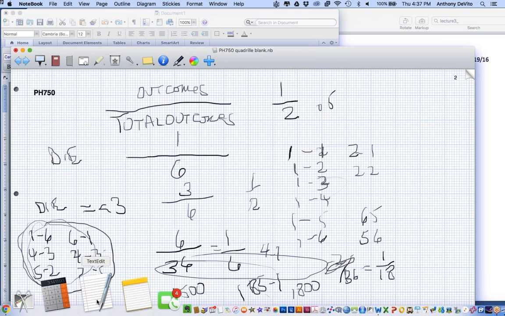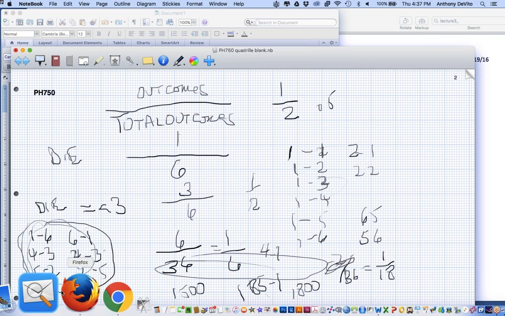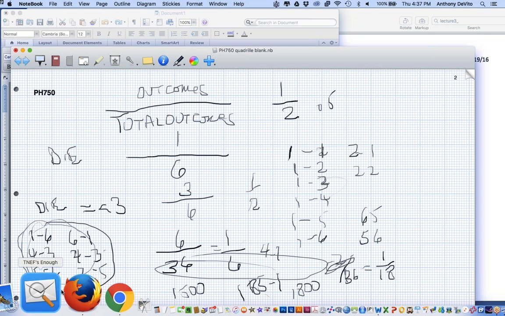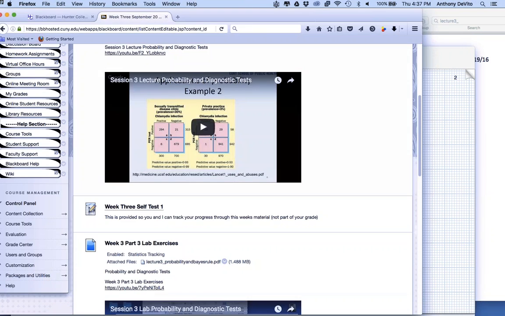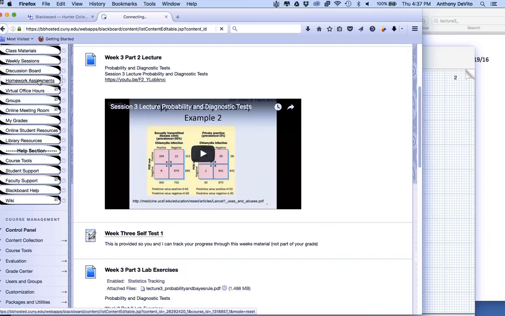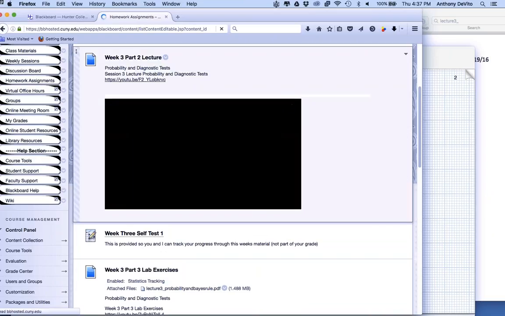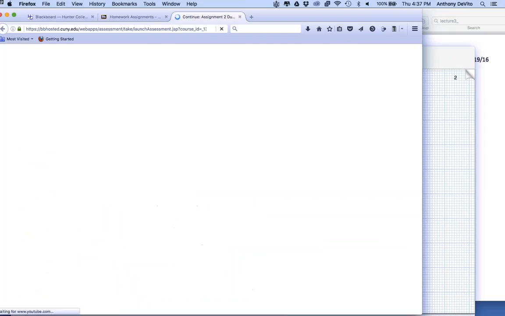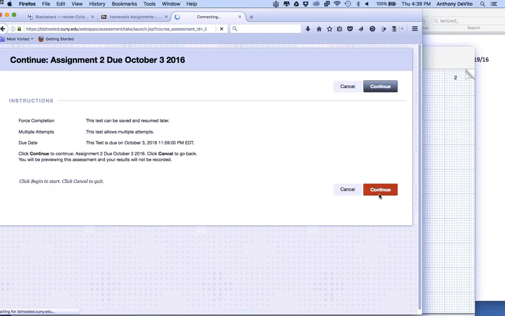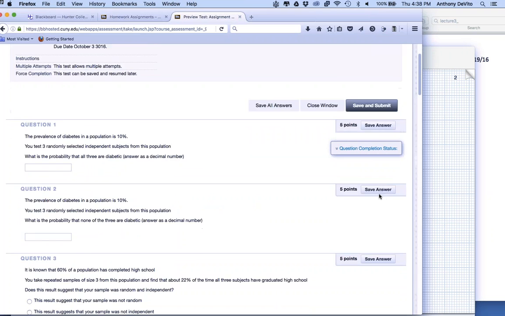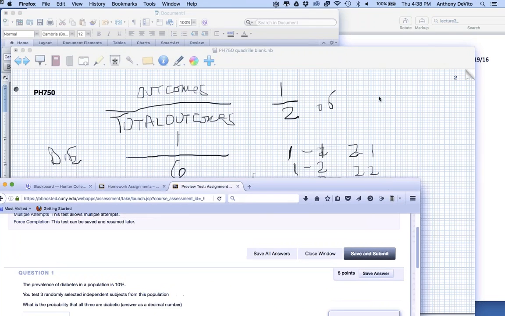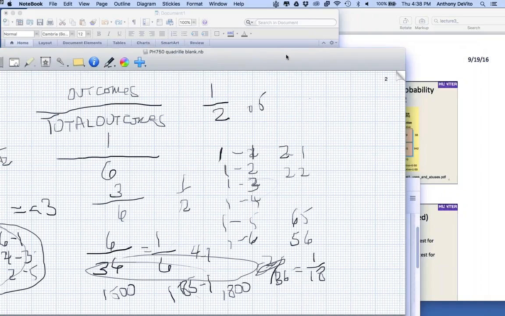I'm going to open up the homework, and we'll take a quick look at a preview of homework assignment number 2, and I'm going to continue.